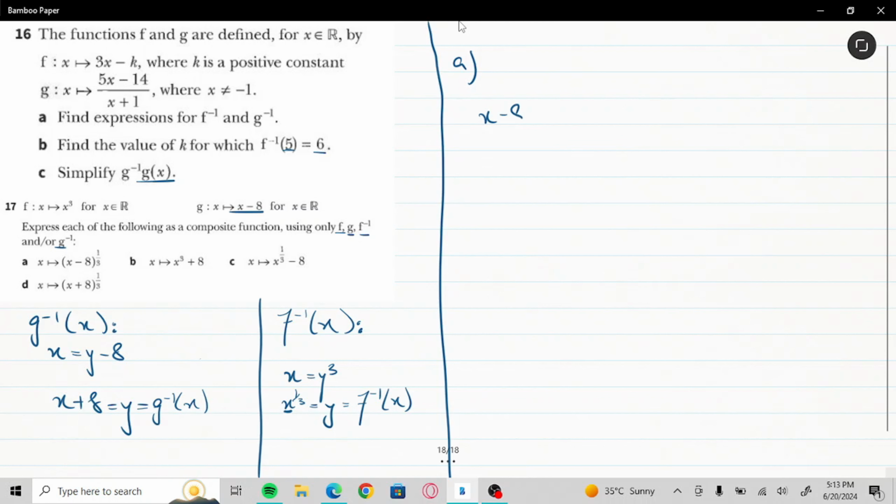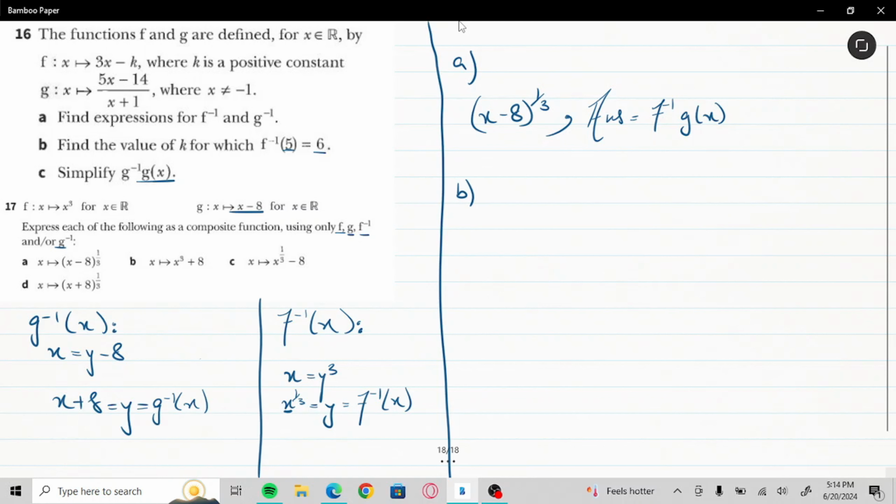So (x - 8), put this whole into 1/3 as a power. That fulfills the requirement. So the value of g(x) is to be input into the inverse of the function f. That's our answer for part A.